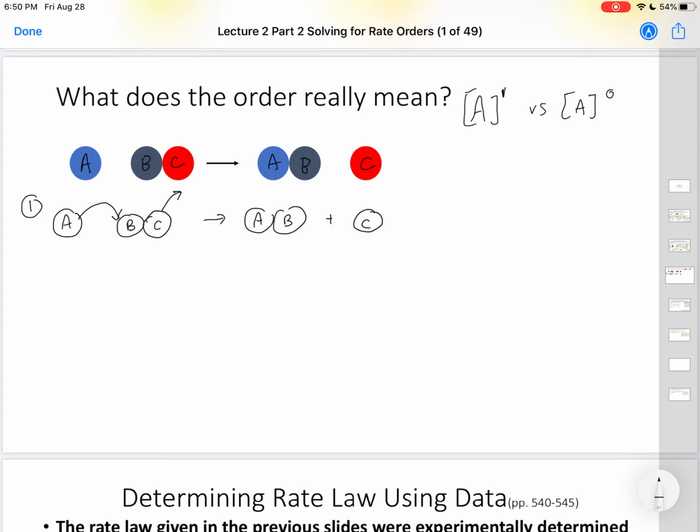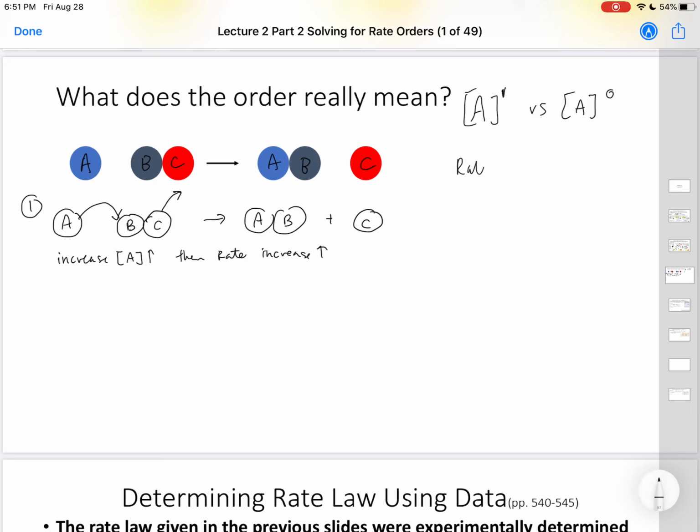In this particular case, the more A you add, that means if you increase the concentration of A, then the rate will increase, right? You've got more A attacking B and C, obviously the rate would increase, right?